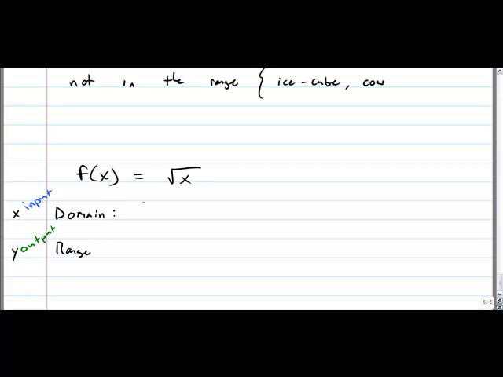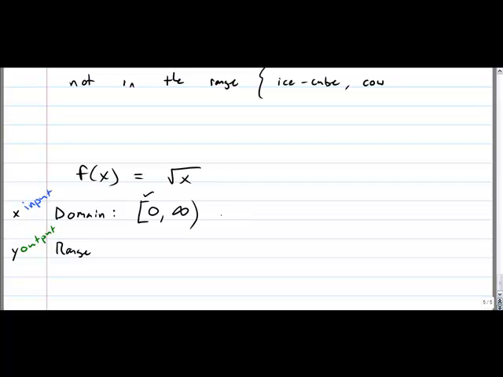So our domain is going to look like this. That's how you describe it. The set I've written there says all the numbers including 0 up to infinity. And the reason that the brackets are different: this bracket here says you include 0. I'll show you on the next problem where we won't include 0, and the bracket will look different.